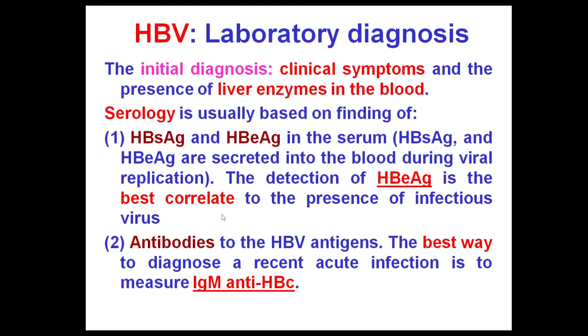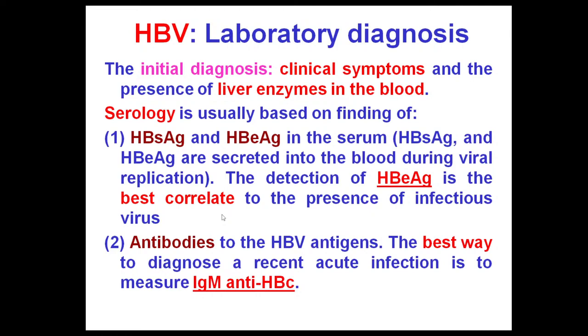And the finding of hepatitis B E antigen best correlates with the presence of infectious virus particles in the blood and not just persistent infection, while the finding of hepatitis B surface antigen may occur during the persistency also. So antibodies against hepatitis B antigen are of high diagnostic value, especially the antibodies against hepatitis B core antigen. Do remember that core antigen itself is not secreted to the environment, to the blood.